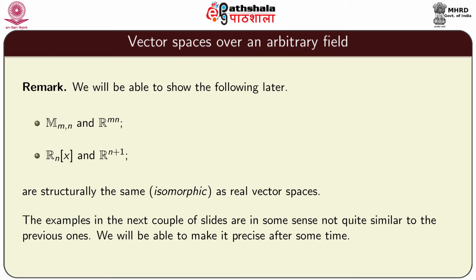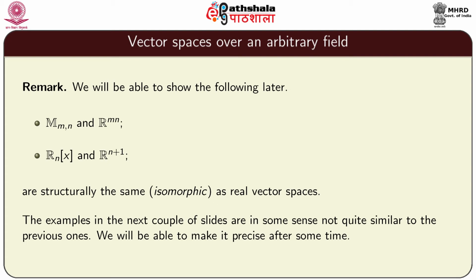So, first of all, any m cross n matrix is given by m into n entries, because there are m rows and n columns, therefore, there are m into n entries for each matrix. Question is, can we see these matrices as an mn tuple?